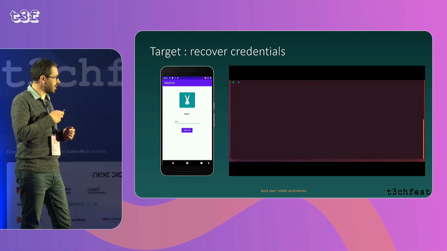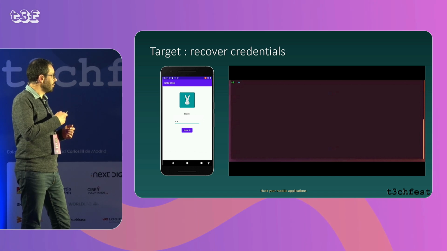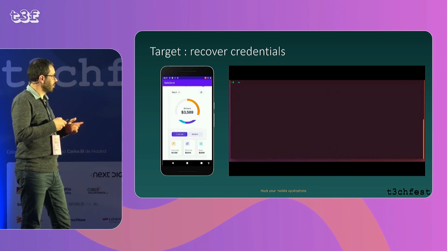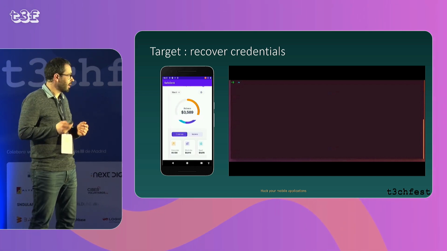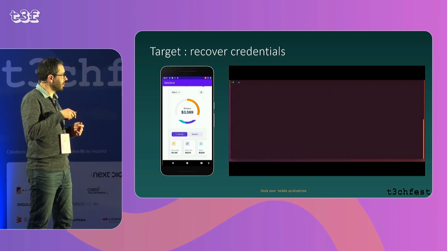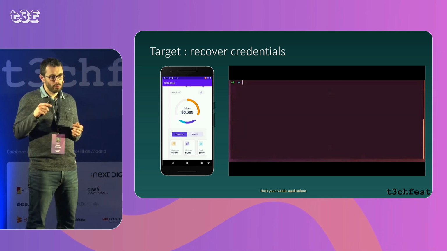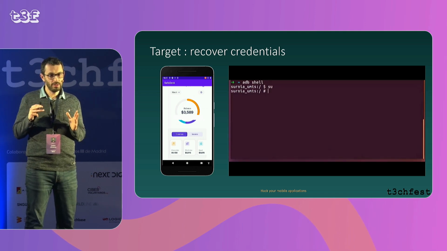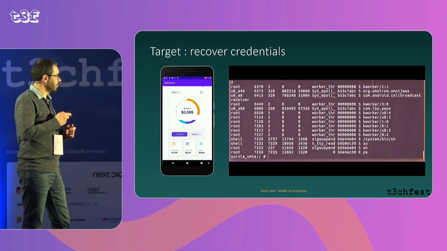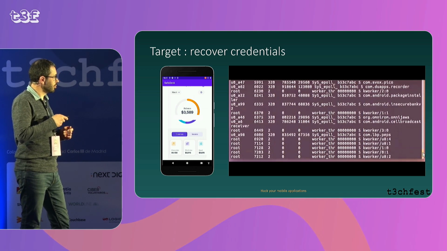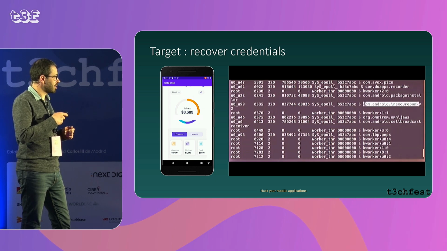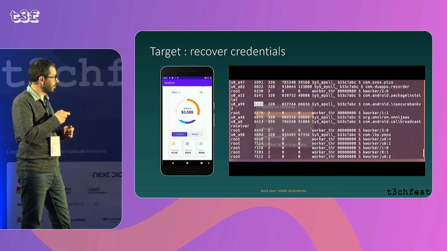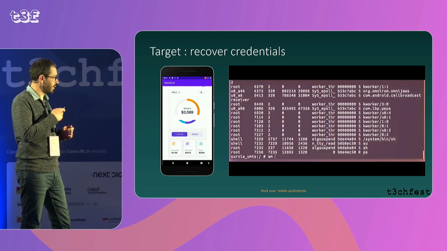In the application, the victim will enter his PIN, but the malicious code will dump everything in the memory. To do this, you have to know the process of the application. So with the package name, I get the name and the number of the process.